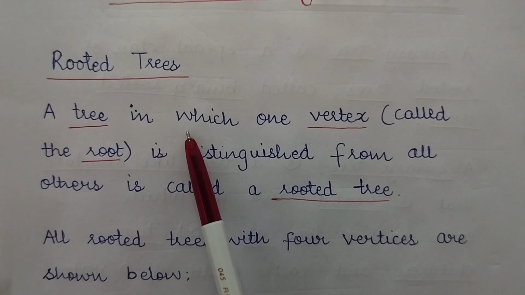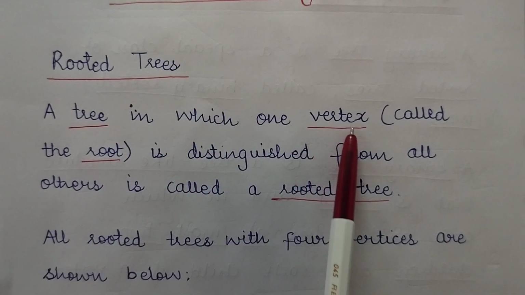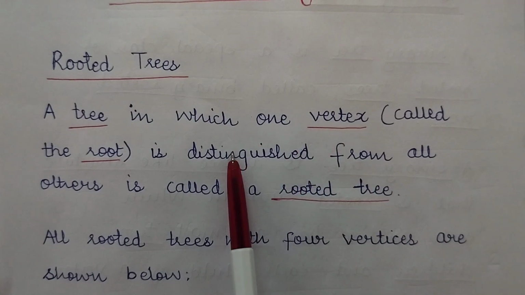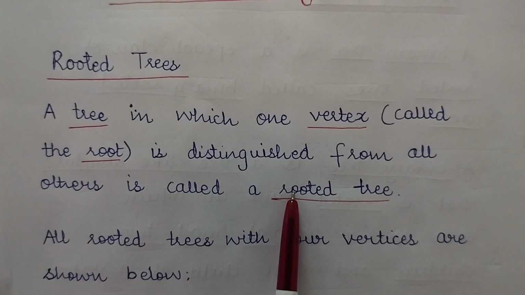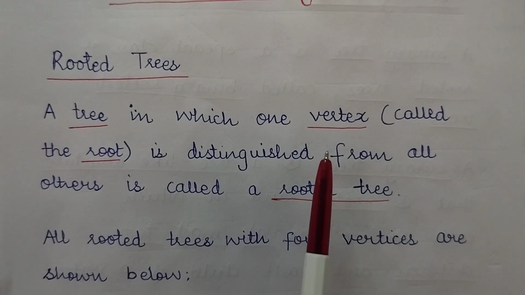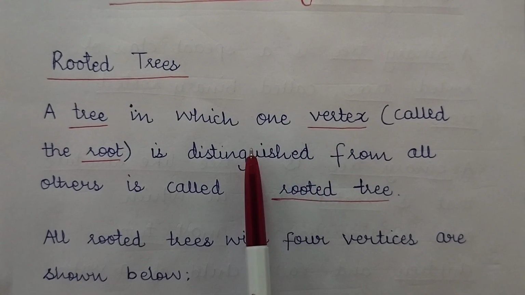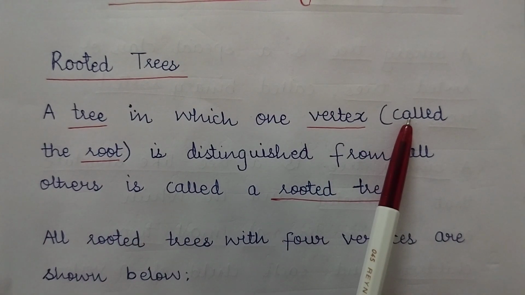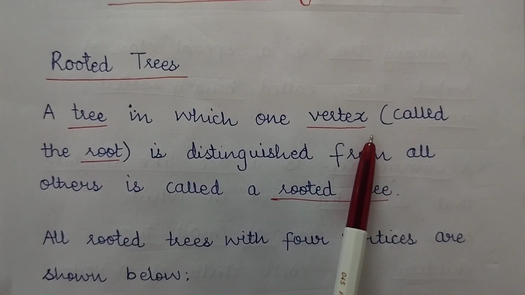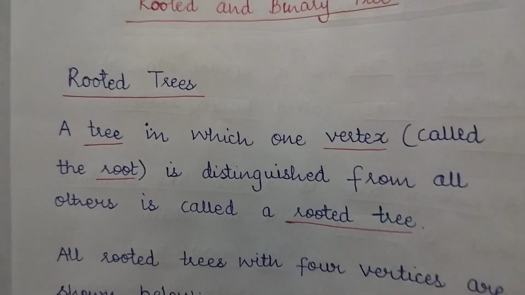Any such tree in which one vertex out of all other vertices can be distinguished from the rest of the vertices is called a rooted tree. And that particular vertex which can be distinguished from all others is called the root. Hence, it is known as the rooted tree.